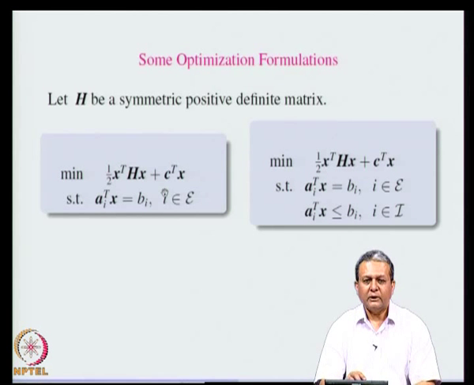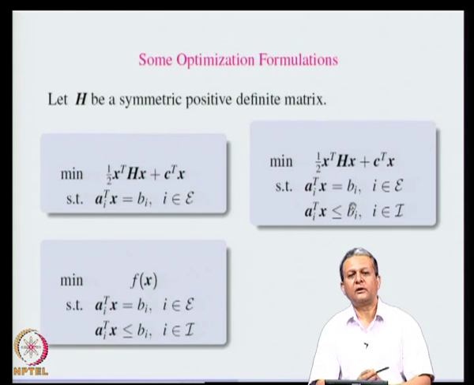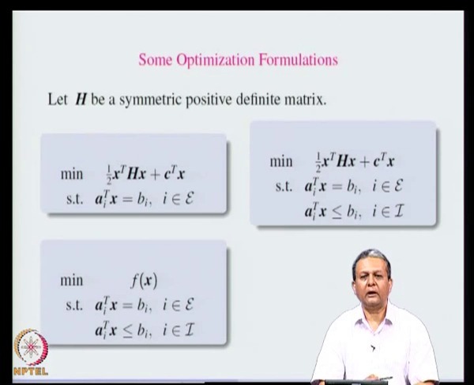So, the ideas we study while studying the quadratic program with linear equality constraints will be useful in studying this problem formulation. We then move on to the problem formulation where the objective function is not necessarily a quadratic function, but a general function f(x), but the constraints are of the same type, the linear equality and inequality.